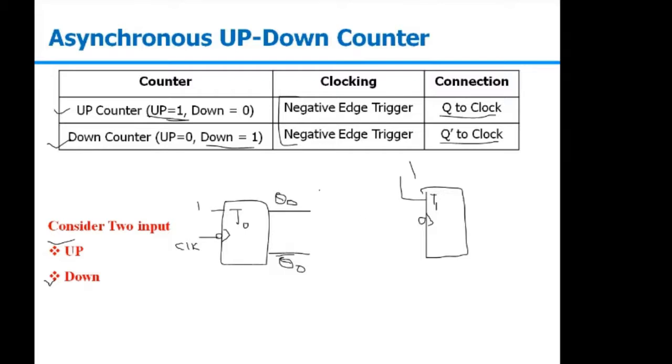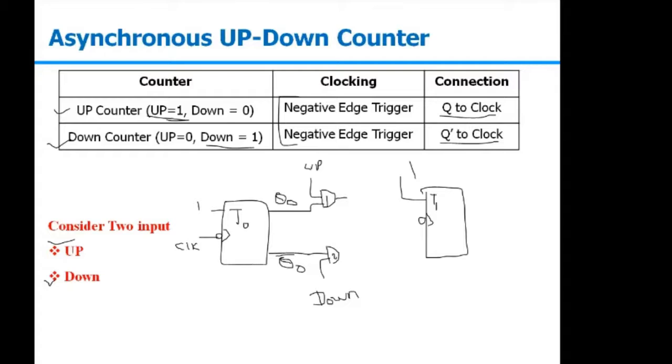So I can have an AND gate here, and I can say if the up input is 1, this has to be connected to the clock. Similarly, I can take an AND gate here. When down is 1, only then this AND gate will be working. So this is my AND gate 1, this is my AND gate 2.